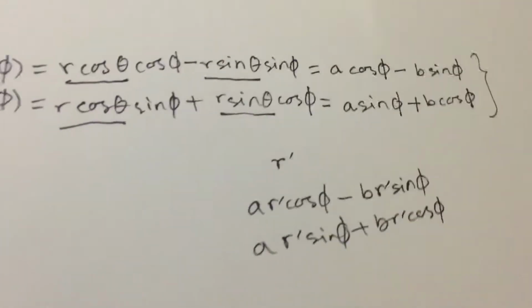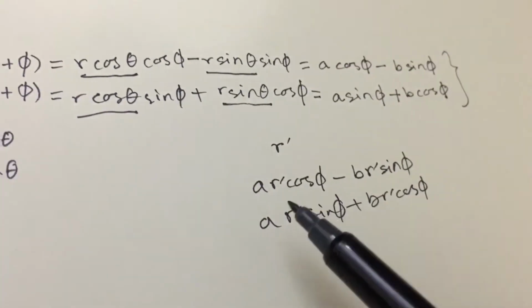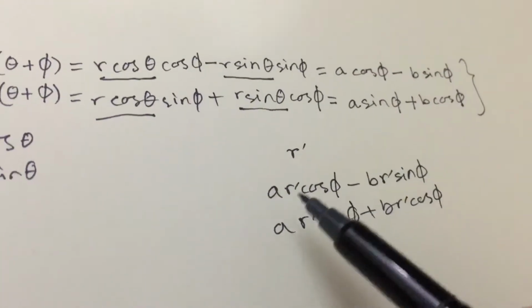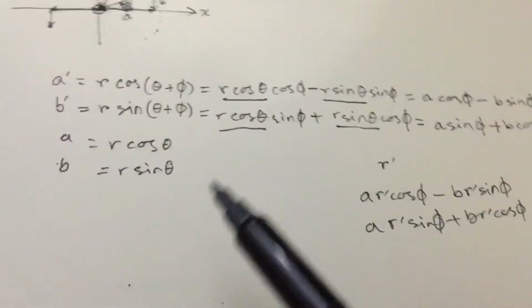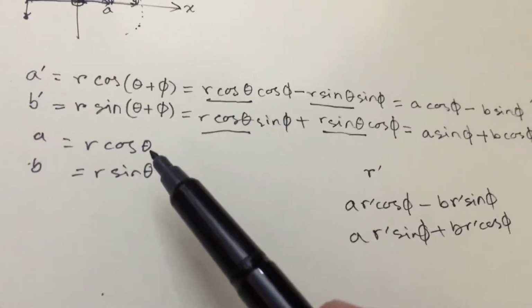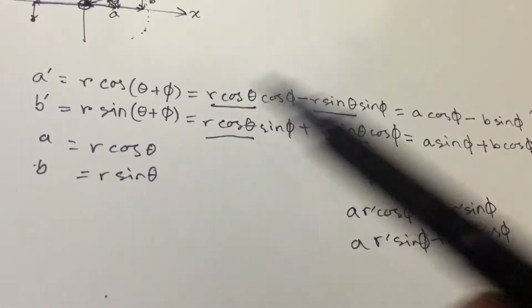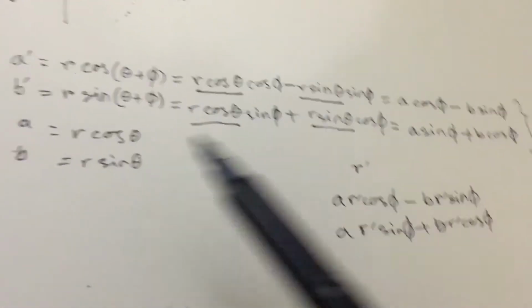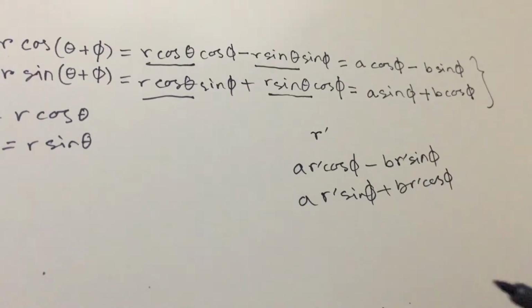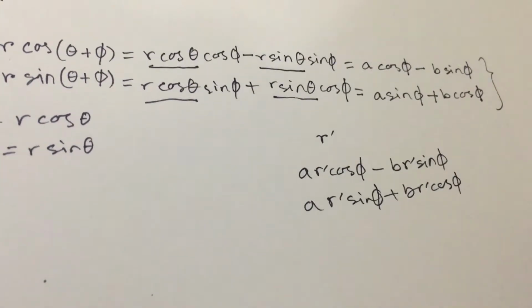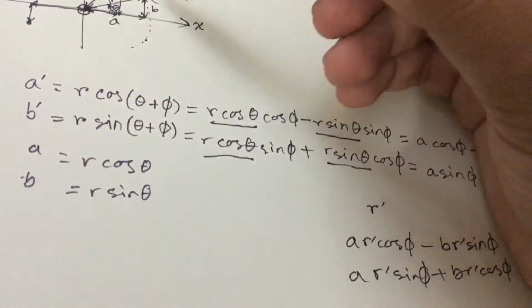Now the reason I did it is because there is something very interesting about this. R prime cos phi, R prime sin phi, they look very similar to these things. Am I right? Of course. So that means these things can actually be treated as a different coordinate, a separate coordinate in the plane.